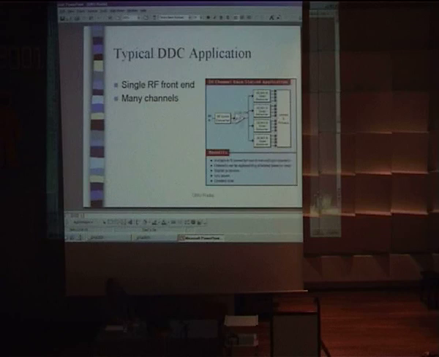So I've got one A/D converter, and in this picture they show taking that output and concurrently applying it to 4 of these quad chips that we just looked at. These quad chips could all be software as long as you've got the horsepower. But the point is I've got one RF front end in here, and I've got 16 separate channels selected, all coming up at the same time.